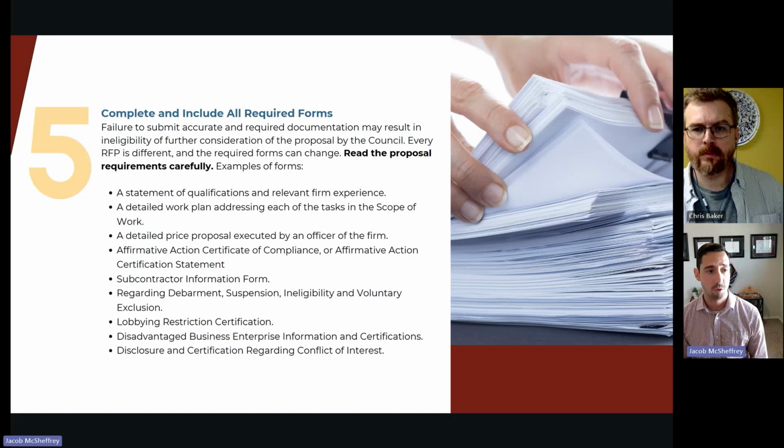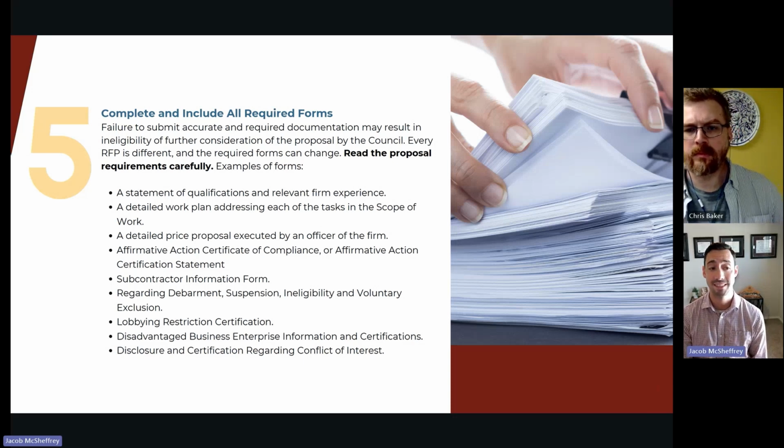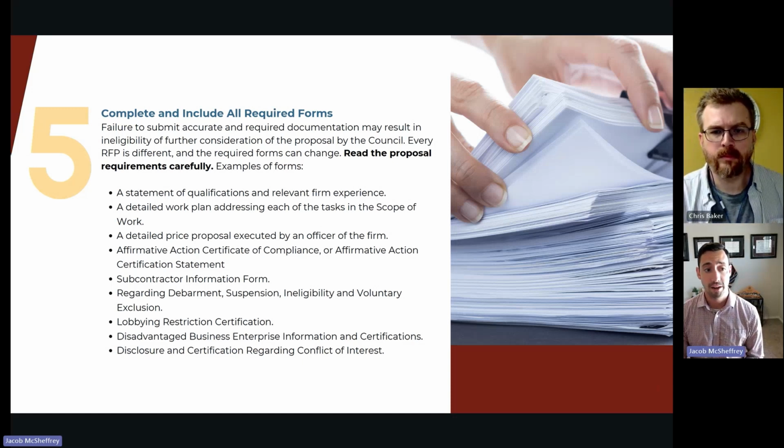Some examples of these forms include statement of qualifications and relevant firm experience, detailed work plan addressing each of the tasks outlined in the scope of work, a detailed price proposal executed by an officer of the firm, potentially an affirmative action certificate of compliance or affirmative action certification statement, subcontractor information form.